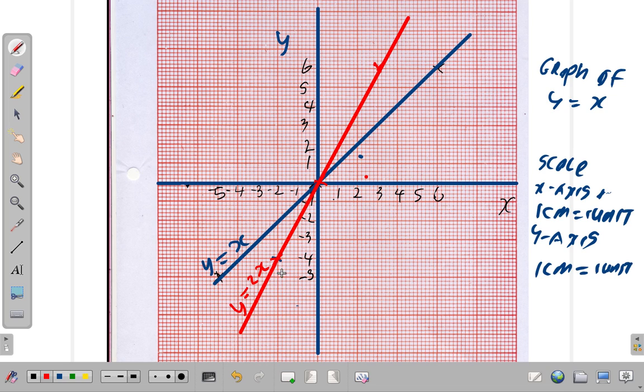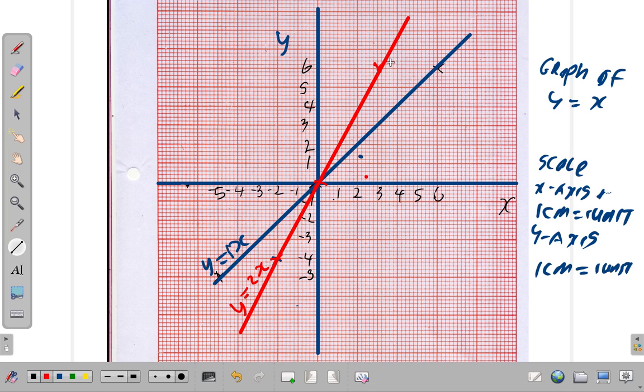Now, what do the 1 and the 2 signify? Because there is really a 1 there before the x. Let's see something. What happens with the 2x? Suppose we look at this line and form a right angled triangle.